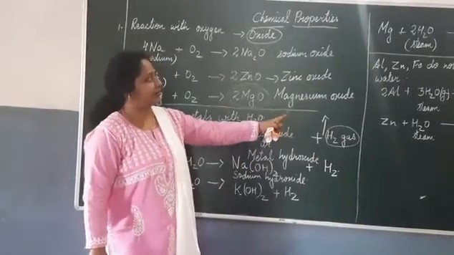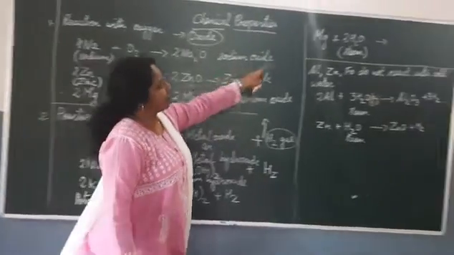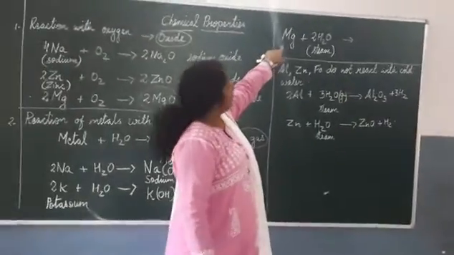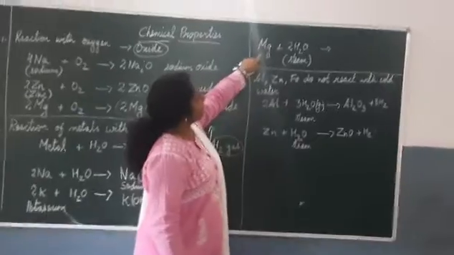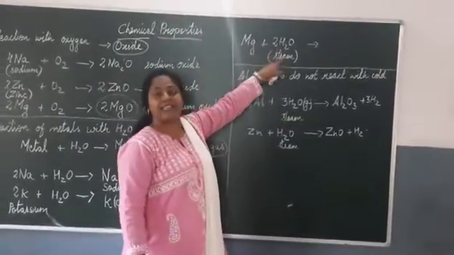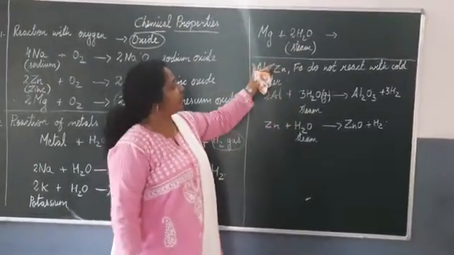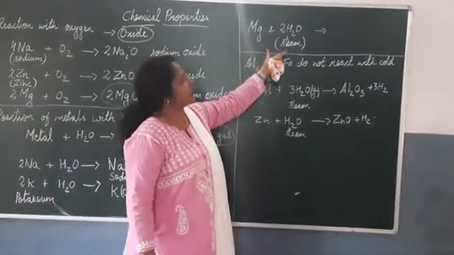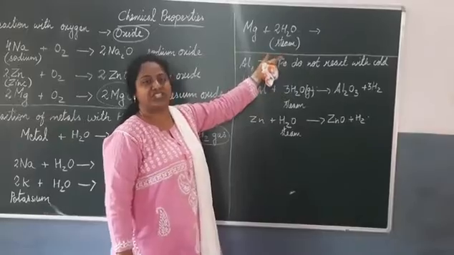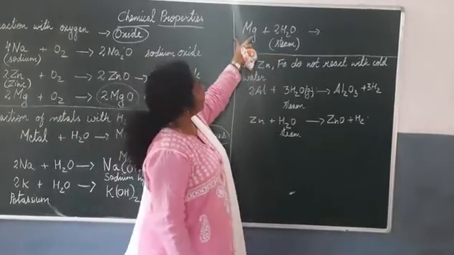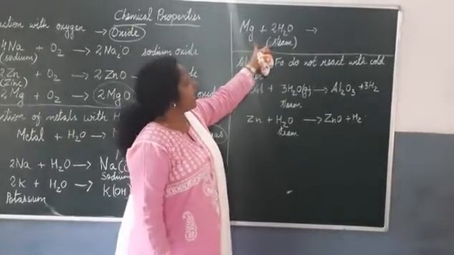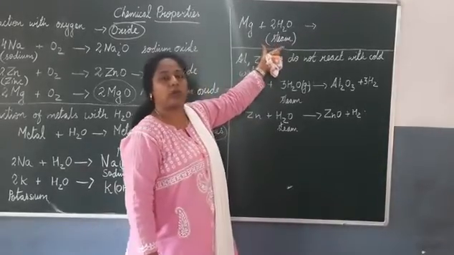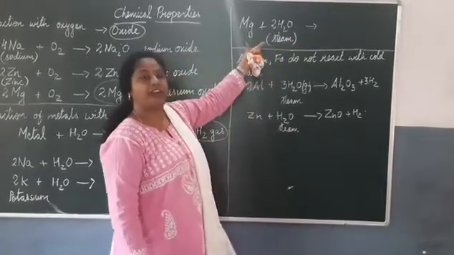Liberation of hydrogen gas. Then magnesium. When we talk about magnesium, magnesium does not react with cold water. It will react with steam. Steam is which form? It is the gaseous form. So when we mix magnesium with steam or hot water, it will react vigorously.